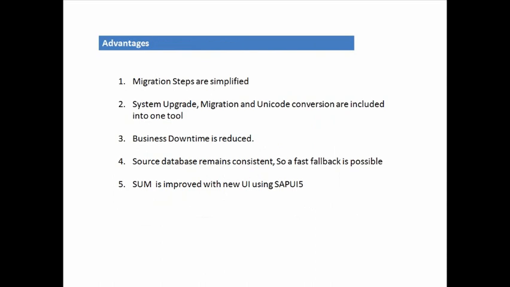That's what is expected. So if I'm using this, migration steps are simplified. It's not so complex. Next, upgrade, migration and all can be included in one tool, with Unicode conversion. And business downtime is reduced. This is a faster mechanism of migrating, so downtime is really less. Source database remains consistent, so fast fallback is possible.